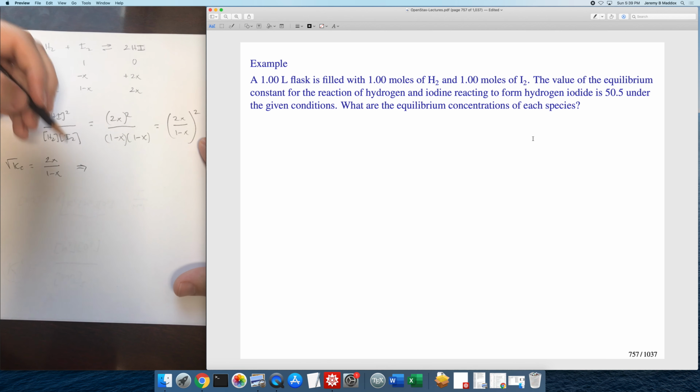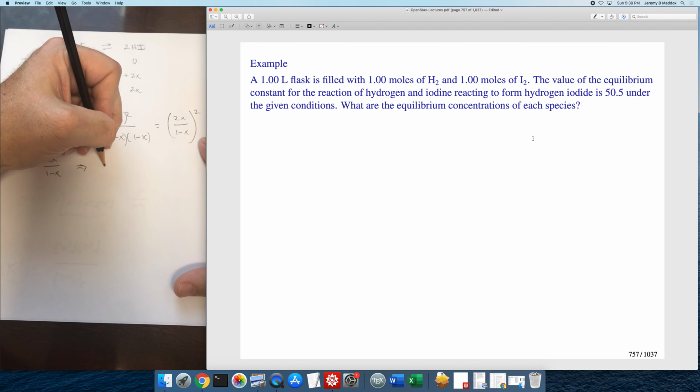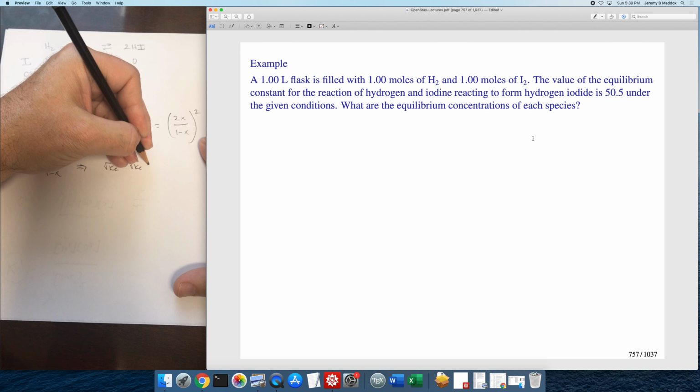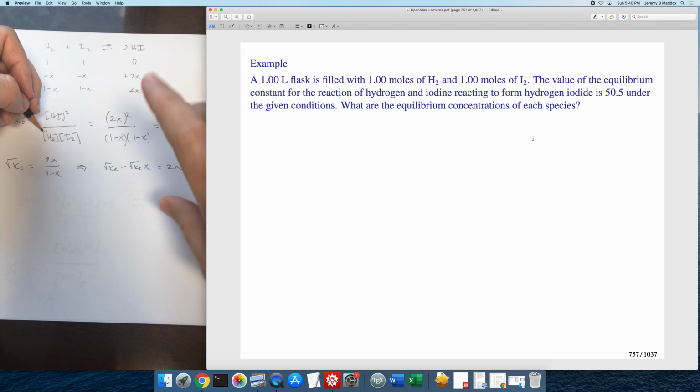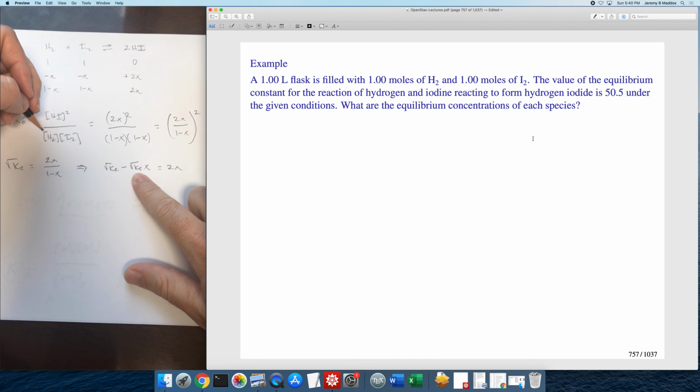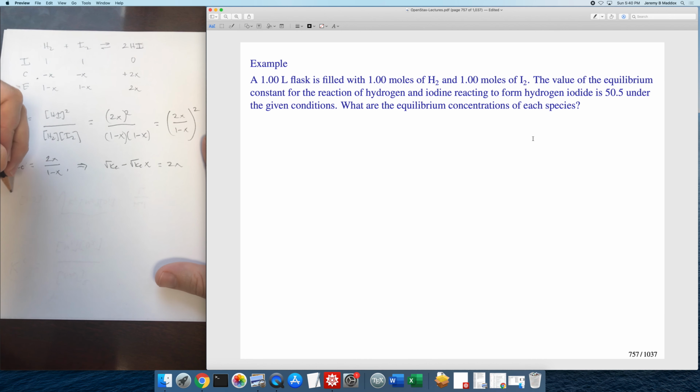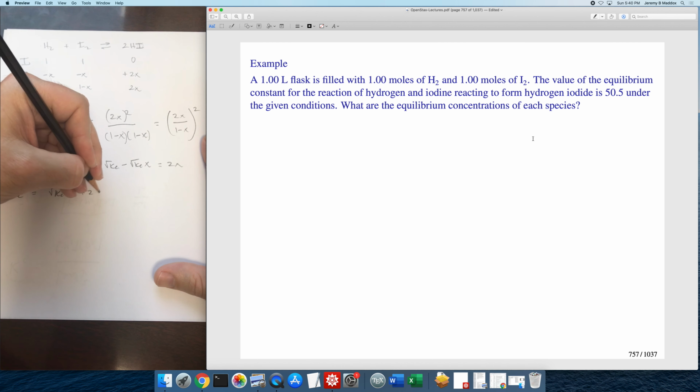Okay, so I'm going to bring the denominator here over. That's going to give me the square root of Kc minus the square root of Kc times x equals 2x. I'm going to go ahead and bring this back over to the other side. So that's going to give me square root of Kc equals square root of Kc times x plus 2x.